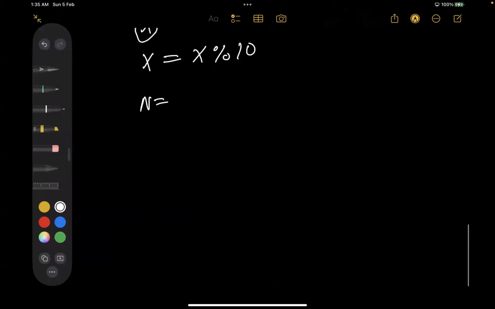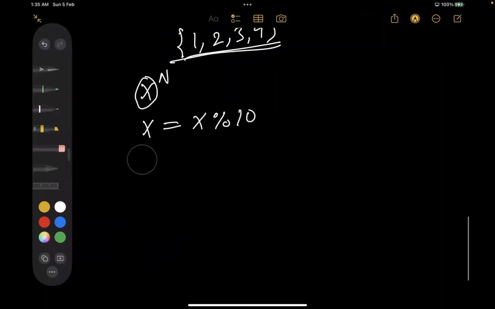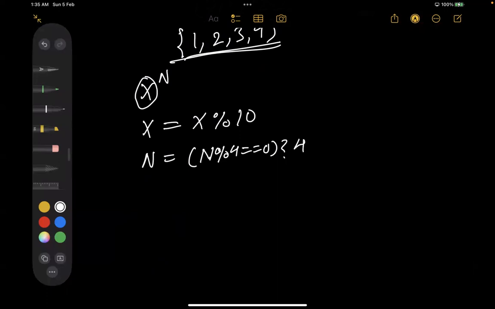Let me write it again. x is now reduced to x modulo 10, and n is now reduced to: if n modulo 4 is equal to 0, then n will be 4, else n will be n modulo 4.